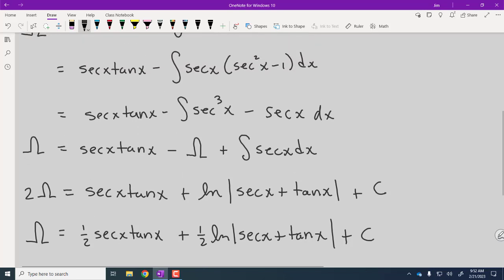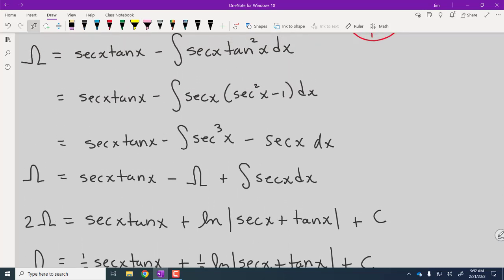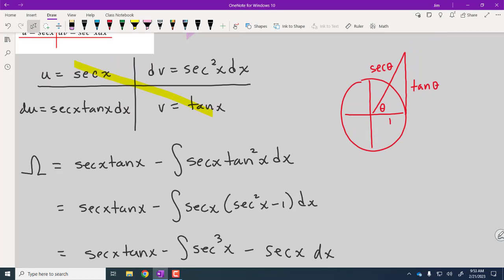Any step there that you are wanting to ask about? No. Yeah, you want to know your Pythagoreans. Yeah, good question. You need to know your Pythagoreans. Those are essential. And having a visual, the main ones we're going to see are sine squared plus cosine squared is 1, and then this one.